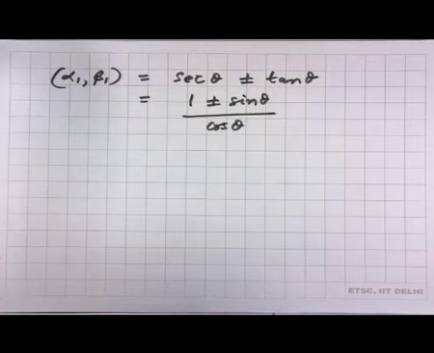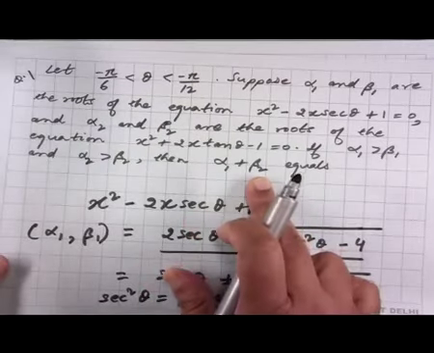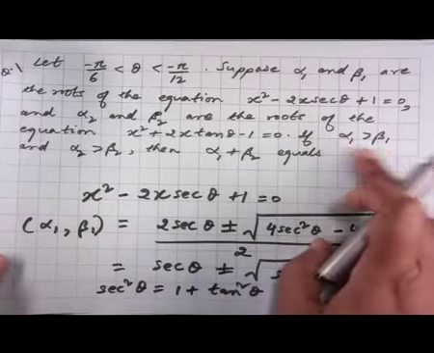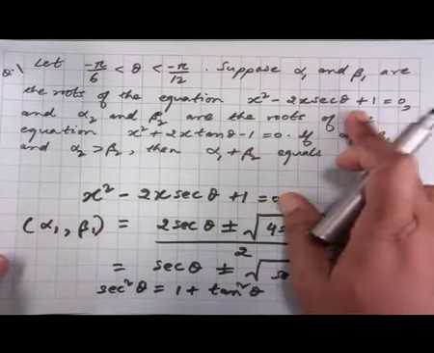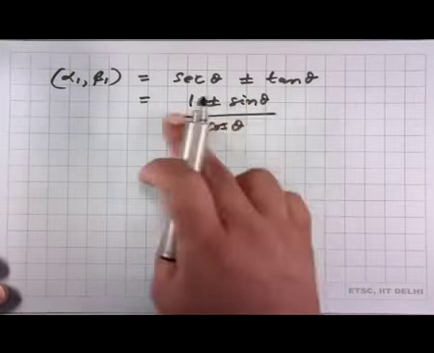Now, we have been asked to find the value of alpha 1 plus beta 2, and it said that alpha 1 is the larger of the two roots of the first quadratic equation. So, we need to find out which one of the two is the larger one.